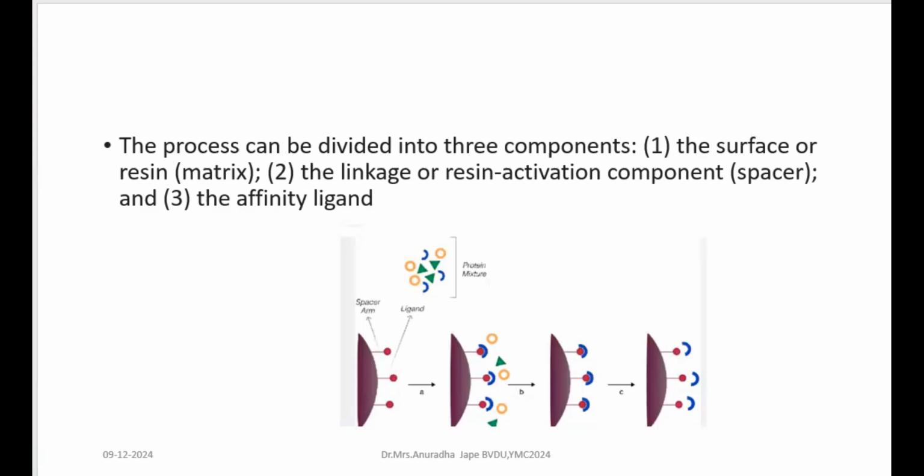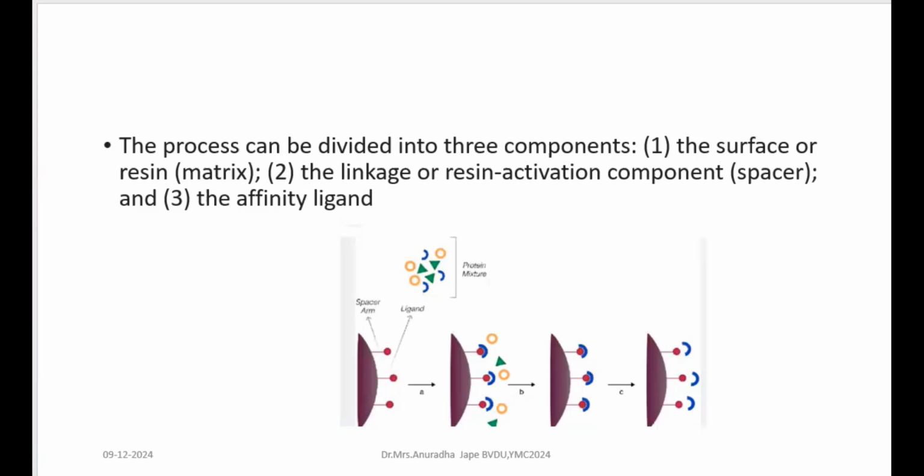But if they start pushing each other, because of the interactions with the ligand and the interaction of the ligand with the support matrix, if crowding is there, then steric hindrances are not going to give you good adsorption to the matrix. So to remove this difficulty, it is required that you add a spacer.